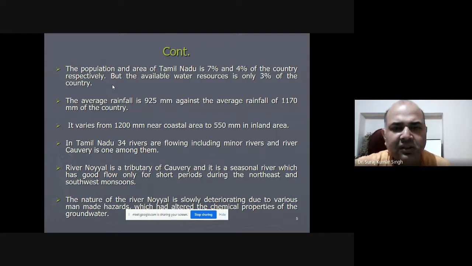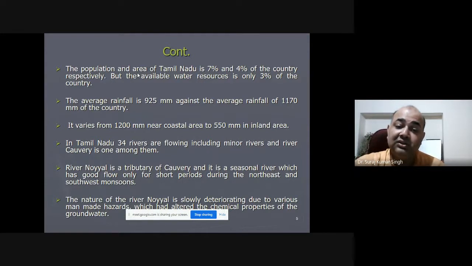I've taken a study of Tamil Nadu, a state in India with 7.4% of the population. The available water resources are 3% of the country. The average rainfall is 925 mm against the country's average of 1170 mm. If you're getting below the average, it means your population is high, your demand is high, but your recharge is less.